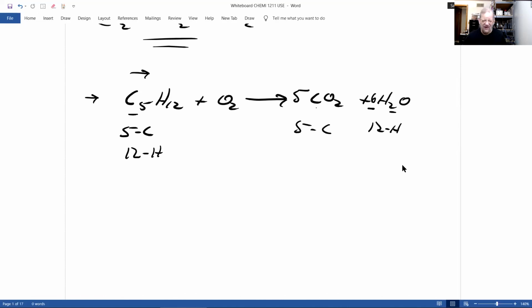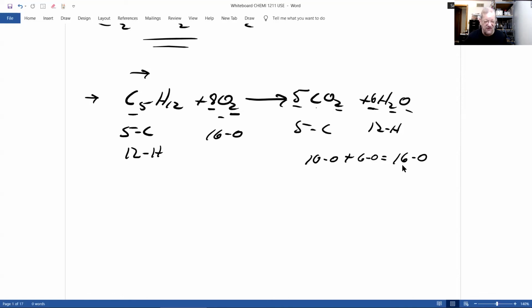And finally, oxygen. Well, I've got 2 here, but how many oxygen on this side? You count all the oxygen atoms. 5 times 2 is 10 oxygen atoms plus 6 times 1. Add them together, and that's 16 oxygen. Well, how do I get 16 oxygen here? You can't change this number. Students do. It's always going to be wrong, but you can change the coefficient.